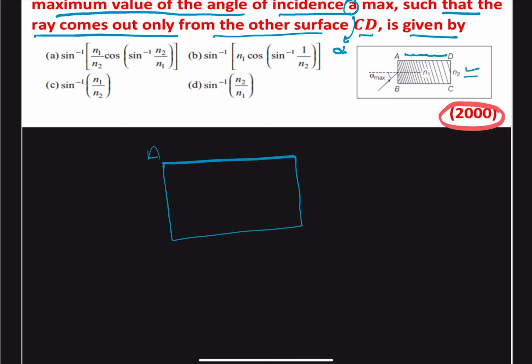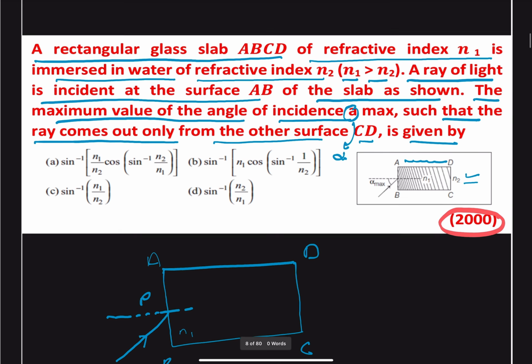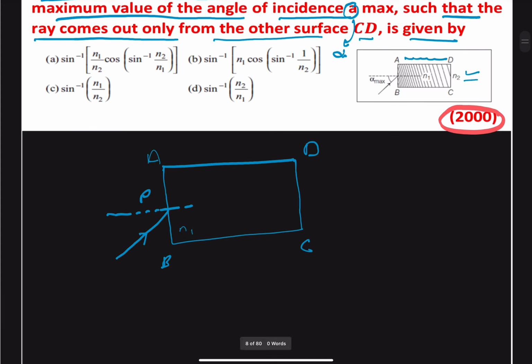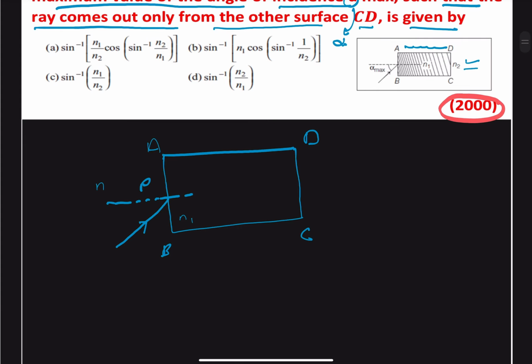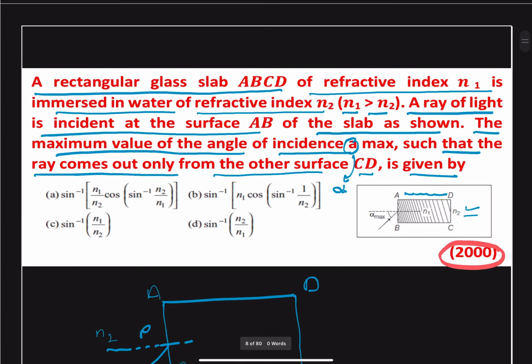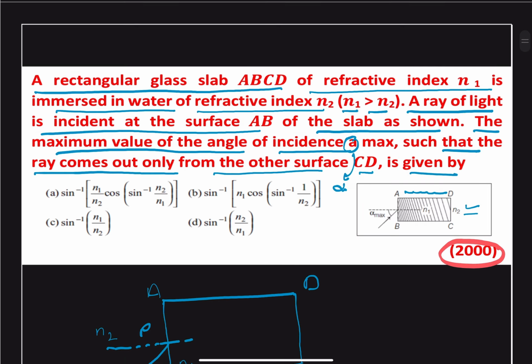So this is our A, B, C and D, and we have a ray of light which is incident. Let us suppose this point is P, and the refractive index inside is N1, and the other one is given as N2, so it is surrounded by water, immersed in water.